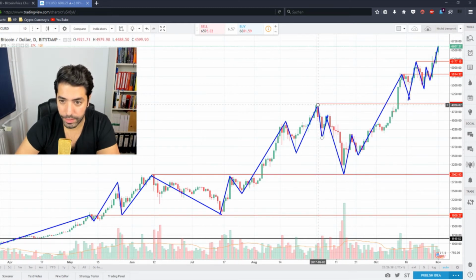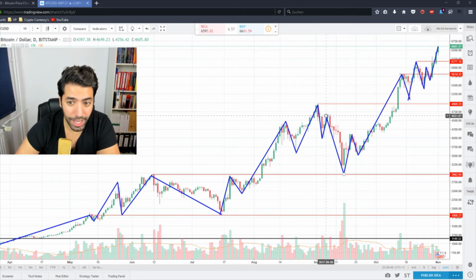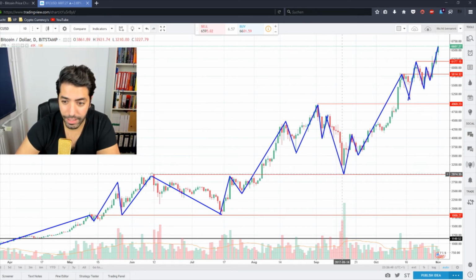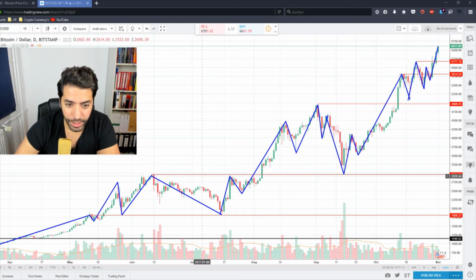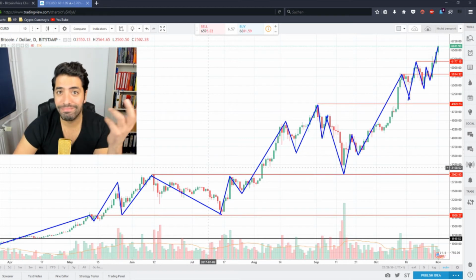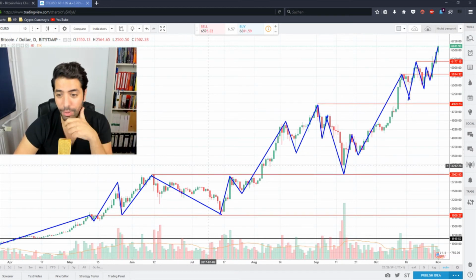Okay, from this new high we had a pullback, but this time, as you see, no higher highs. It came back and voila, as you see, we came back to this former resistance line, which is now, you got it, the support line.